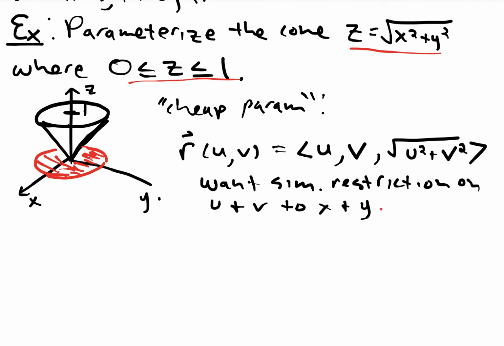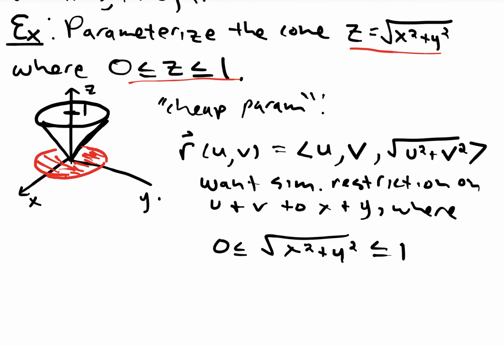So the restriction I'm really facing on x and y is that the square root of x squared plus y squared has to be between 0 and 1. Now, since this is a square root function, it's not going to spit out negatives anyway, so you don't necessarily have to explicitly spell out that beginning part.